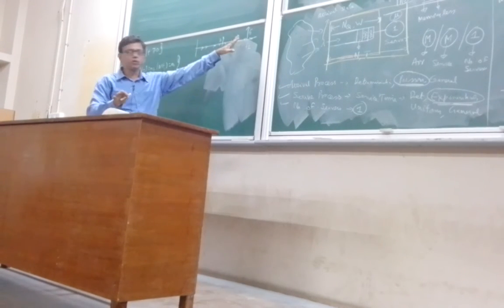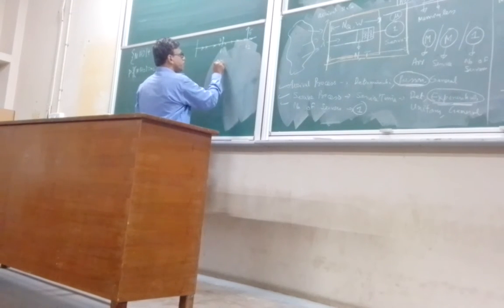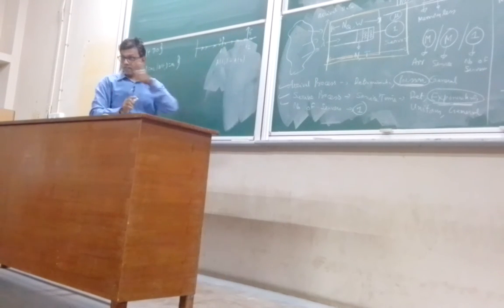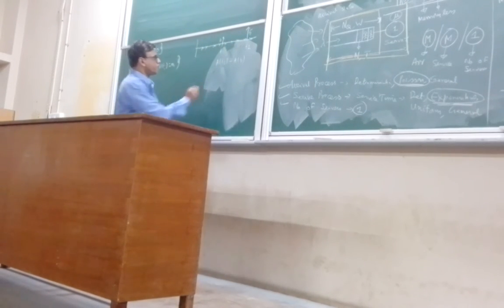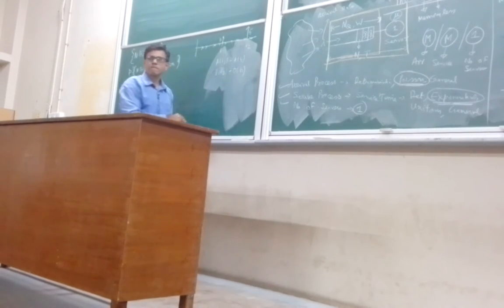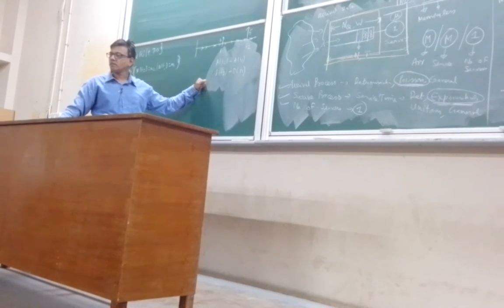So many things will lead to this. So it depends upon A of t2 minus A of t1. This is the number of arrivals in t2 minus t1. That is one important quantity. Then the number of departures. These are also important.